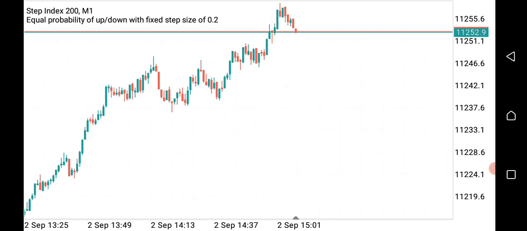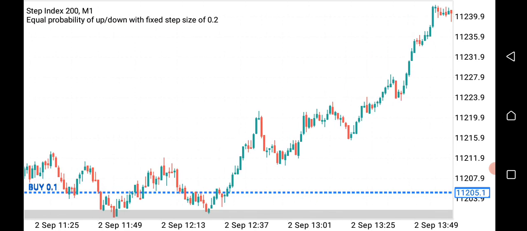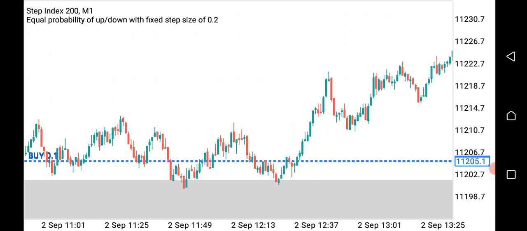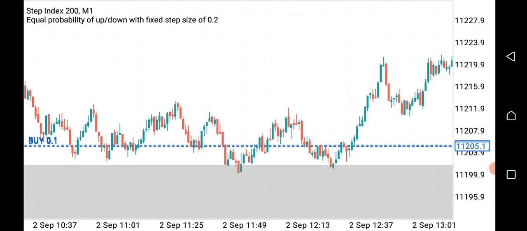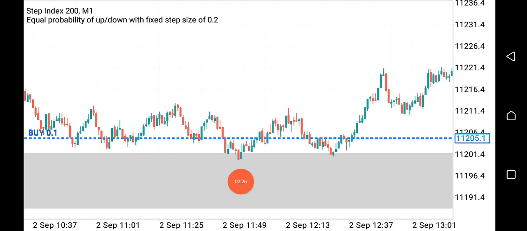So guys, this is the 1 minute time frame, and you can see where I took the trade from. This whole area is the order block you are seeing from the 15 minutes time frame. You can see when the market tapped into the order block, and I was waiting for my reversal. This was the first time it tapped into the order block, but I didn't get the pattern I was looking for.